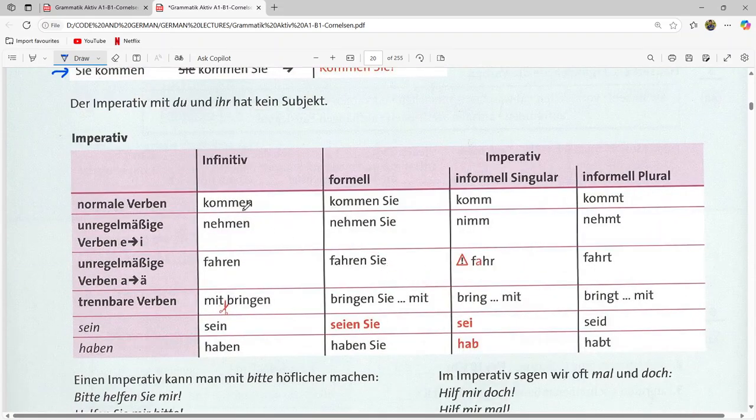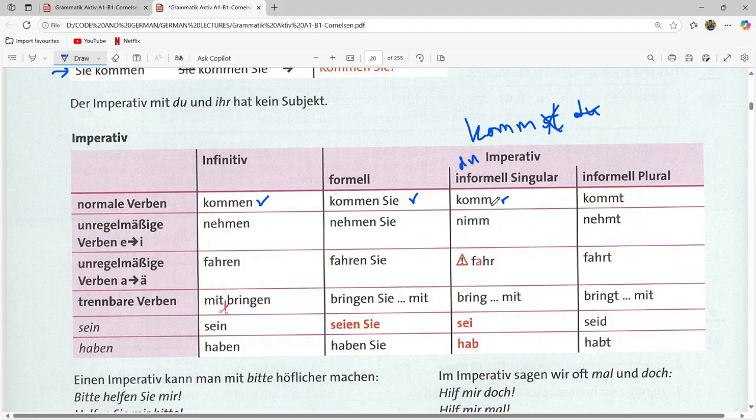These are some other verbs. In the infinitive form, it is kommen. In the formal imperative form, this kommen becomes kommen Sie, and in the informal singular it becomes just komm. Informal singular is the du form. In the du form, it was kommst. This du will be gone and this st will be gone.